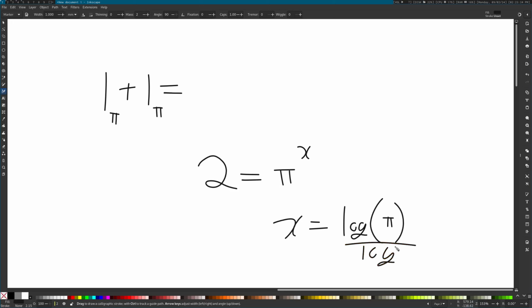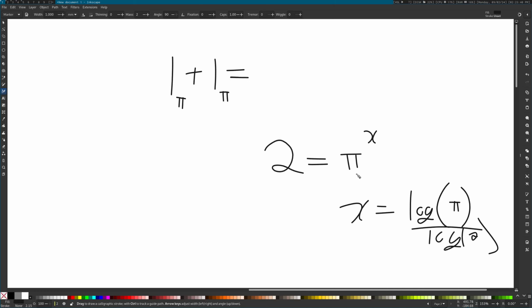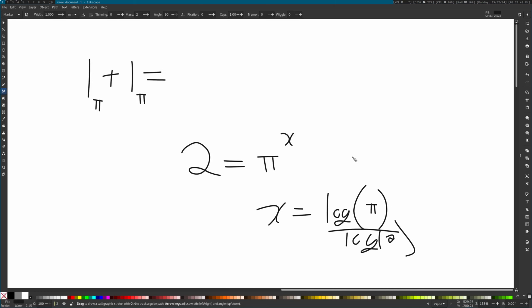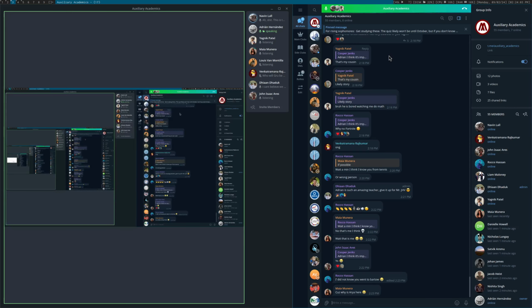The last time I did it, he went on some ramble about bases, and then I got lost. Change of base formula. I didn't remember. Oh wait, is it the other way? That's crazy. Change that so quick. The common log of 2 over the common log of pi. Okay, so this is what it's equal to in base pi. Alright, that concludes today's review.